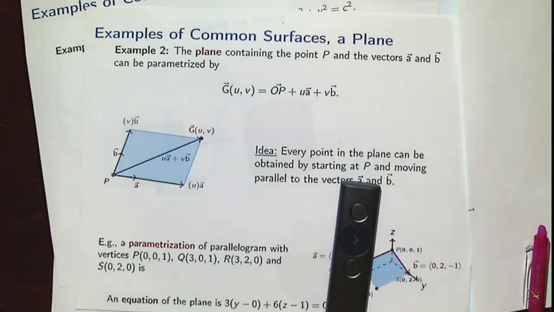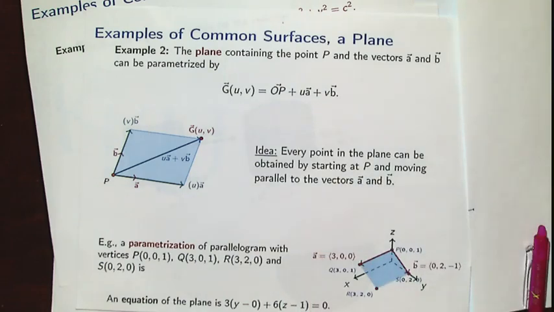How do you know it's P? That's the one that doesn't have any parameters next to it, right? P is by itself. So point P is down here. Now I have S times PQ plus T times PS. PQ is right here. What is S? What's the value of S in here? 0.5. What's the value of T here? 0.